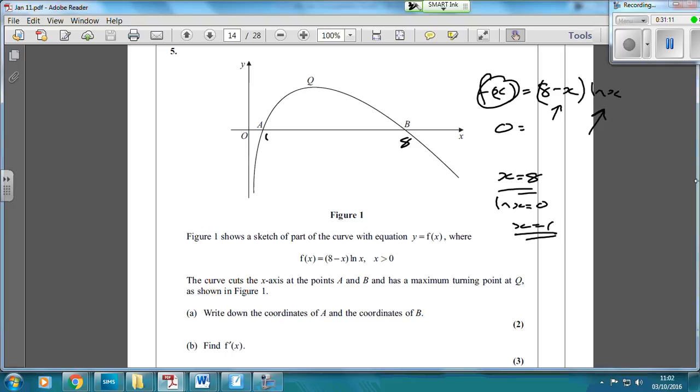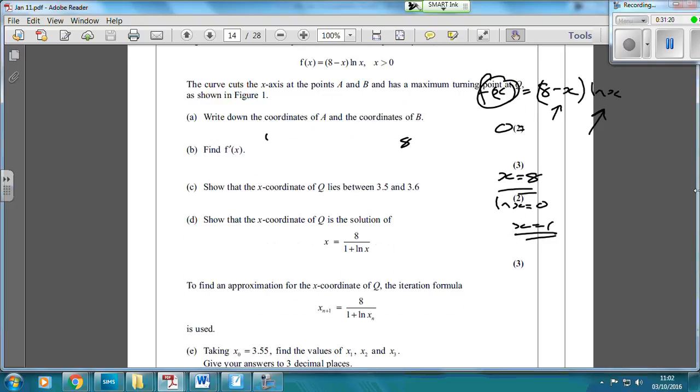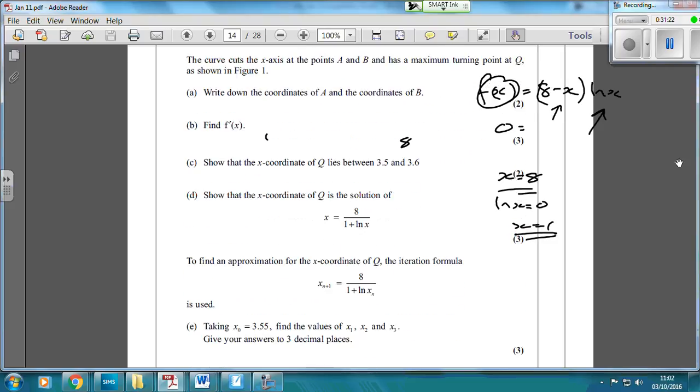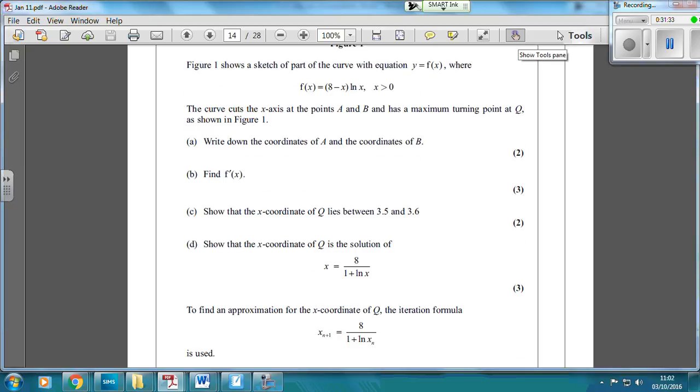Okay, find f dashed of x. Now, this goes on some of what you've done so far, but you haven't done other bits of it, and that's being able to differentiate logs.